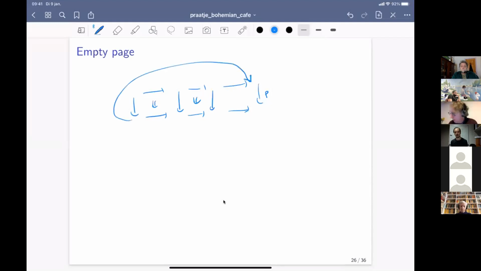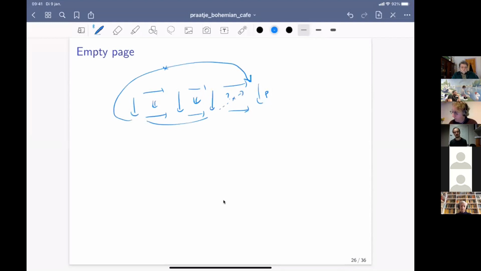Now I want to arrive at a map from here to there. There are two things I can do. I can compose these two mold squares and then push this arrow forward to an arrow here. Or I can do it in two steps.